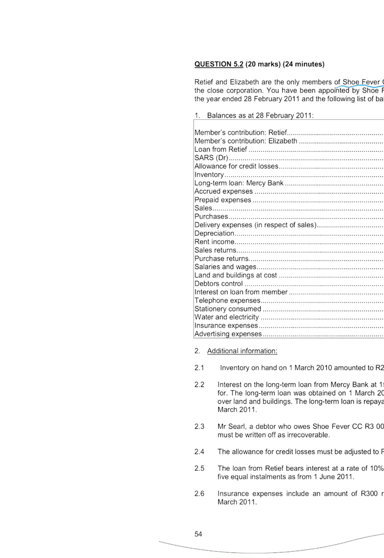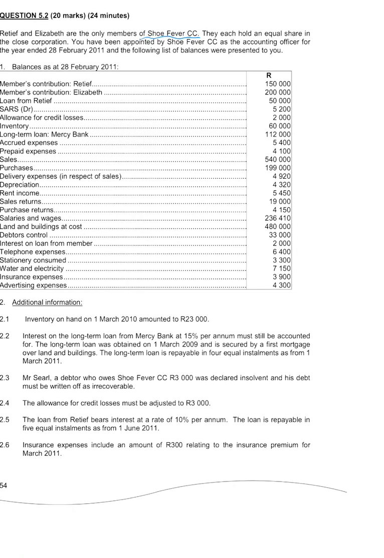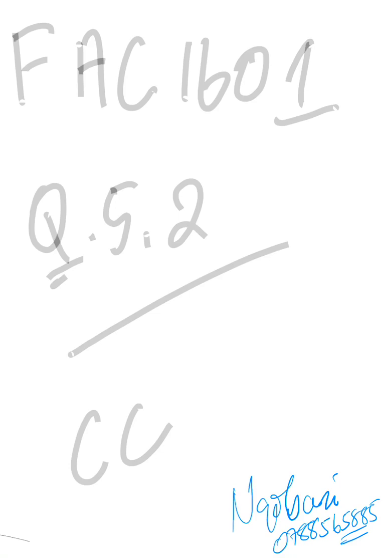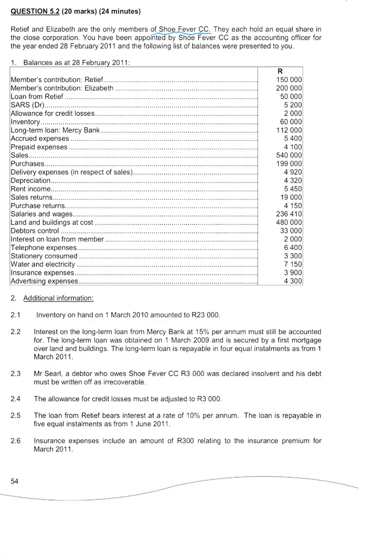So we are going to first start by preparing our template. From what you know, we write the name of the CC, which is called Shoe Fever CC.